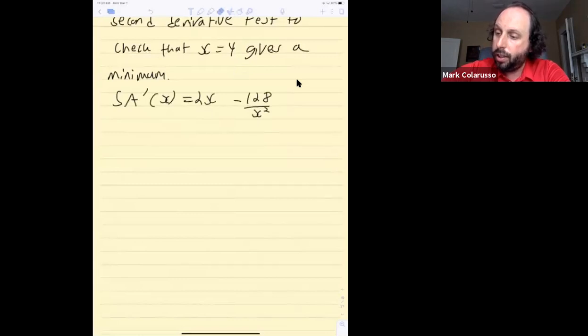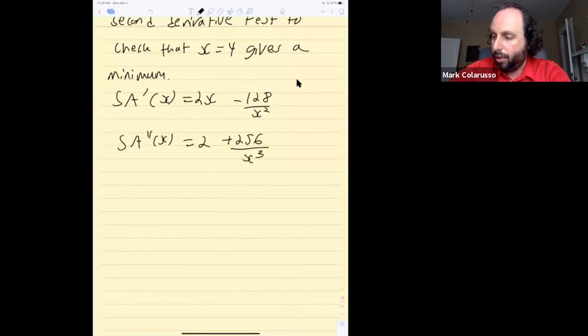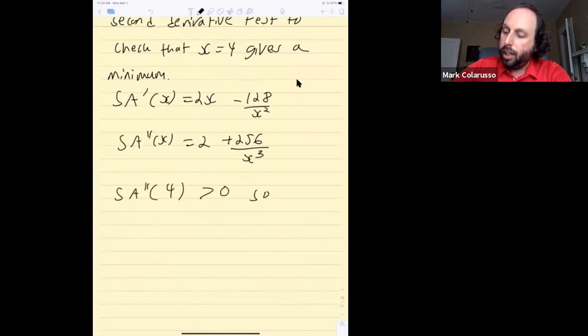I'm going to erase these lines. So S double prime of x is 2, and now this is plus 256 over x cubed, and so this is always positive if x is positive. So 4 is positive, so x equals 4 is a minimum.